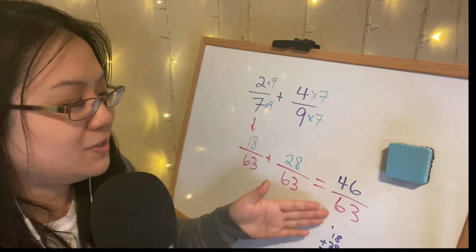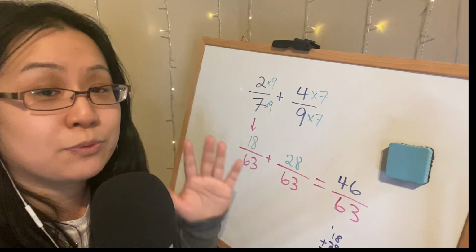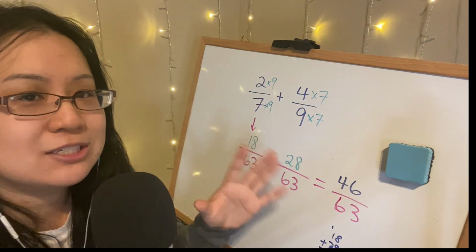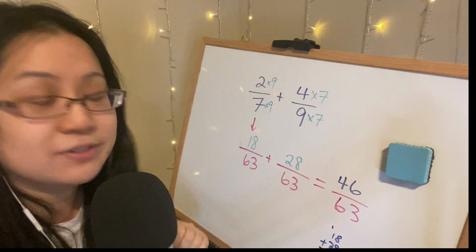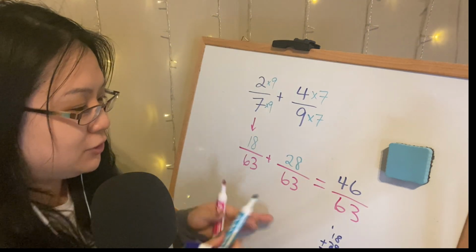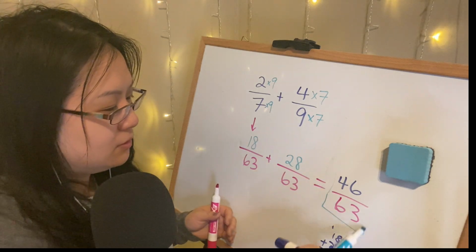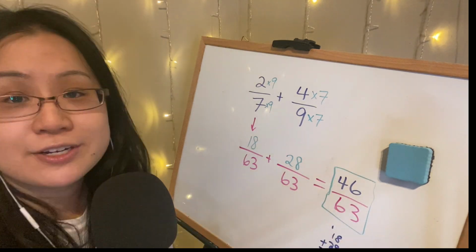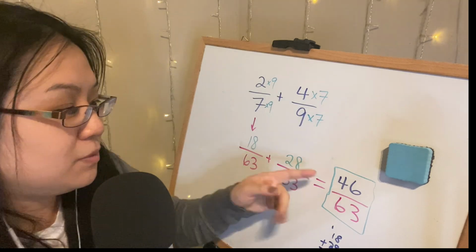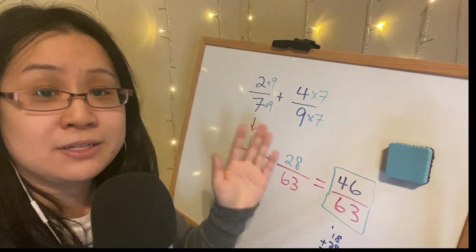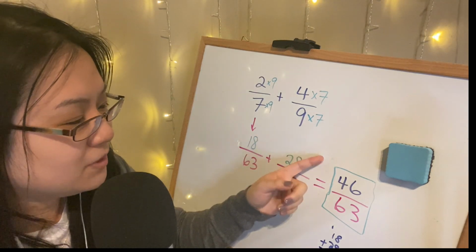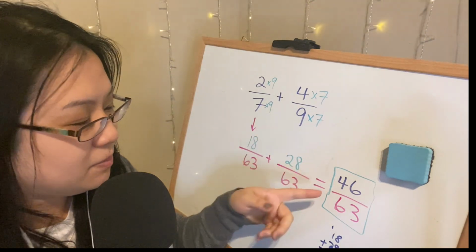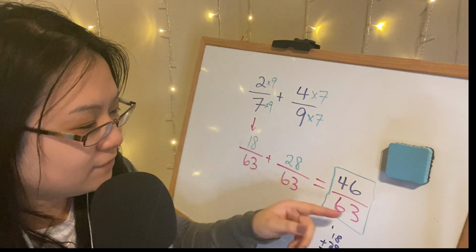In this case, we know that 63 is our least common multiple, least common denominator. So we don't need to simplify this any further. It won't be able to. However, if we were not sure, we would factor out 46, maybe list all the factors. So we try 1, 2, then maybe not 3, not 4, not 5, and so on.